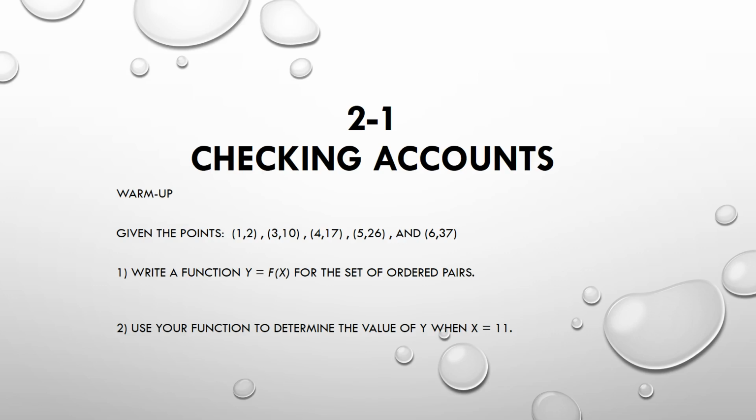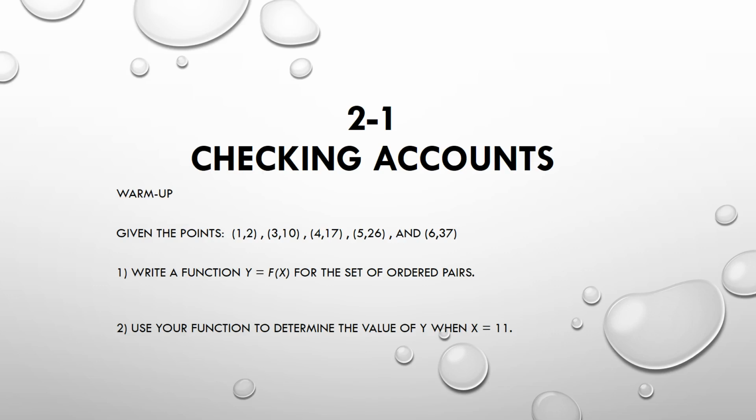It does say, given these points: (1, 2), (3, 10), (4, 17), (5, 26), and (6, 37). So we've got 5 points there. And the first problem wants us to write a function, y equals f of x, for the set of ordered pairs.